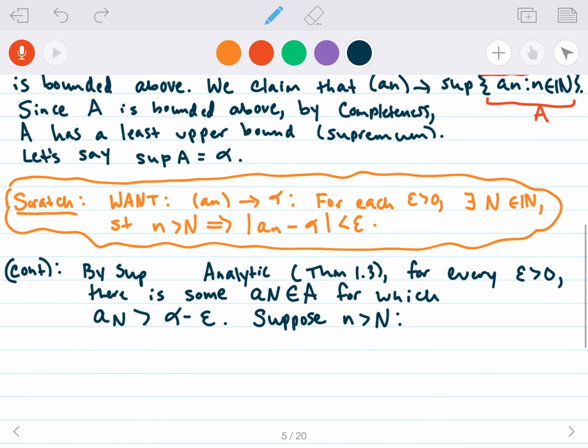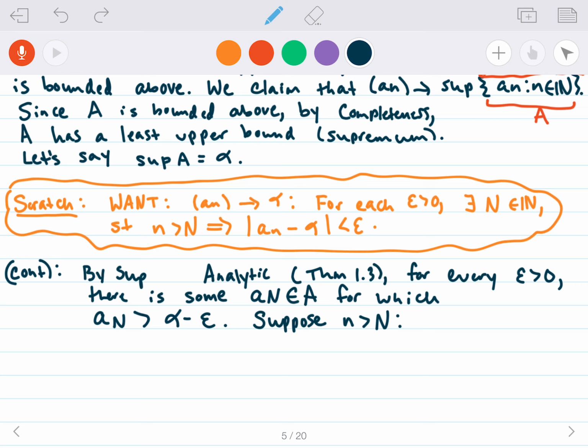And so we have that a sub capital N is bigger than alpha minus epsilon.